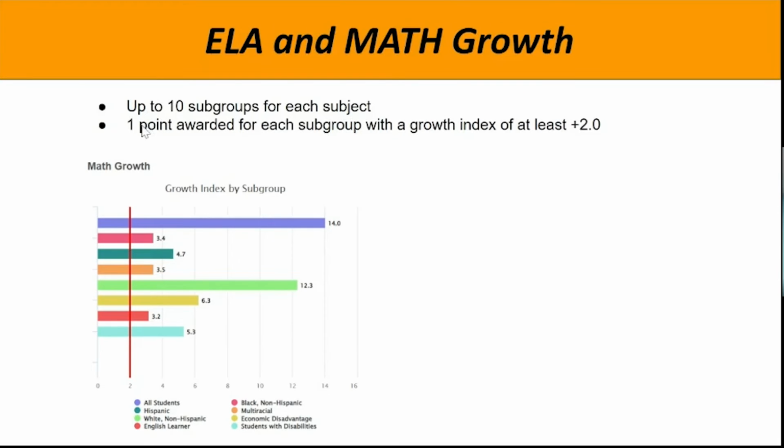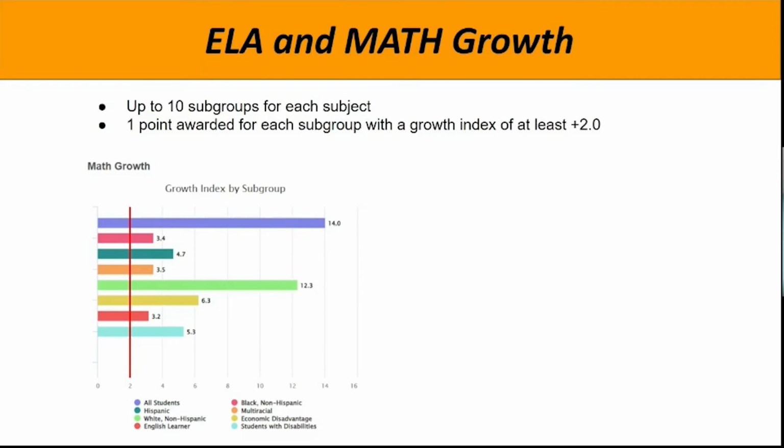The one thing that's very different from the previous one is before, as a bonus or as an extra try, I would say, if you didn't meet the achievement goal but you had a +1 as your growth index, then you would meet that goal for that subgroup.